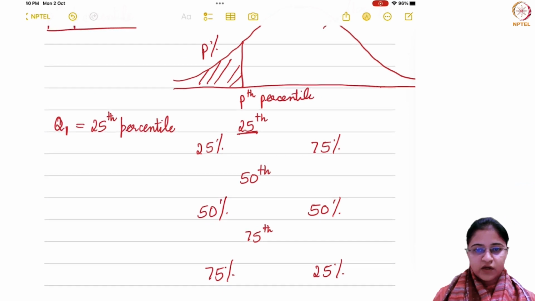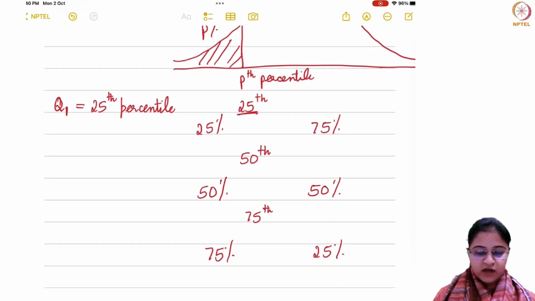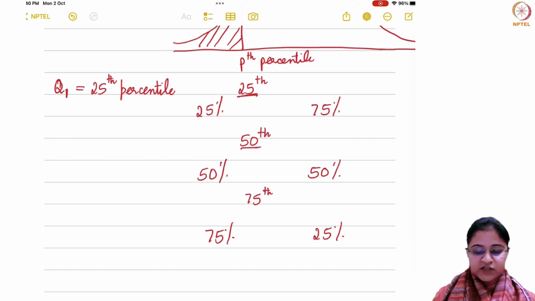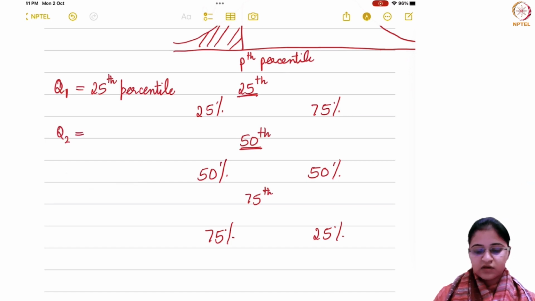So here, this is Q1, and then your 50th percentile is the second quartile. And it is in fact the median, because it divides the data set into two equal halves, 50% above and 50% below.